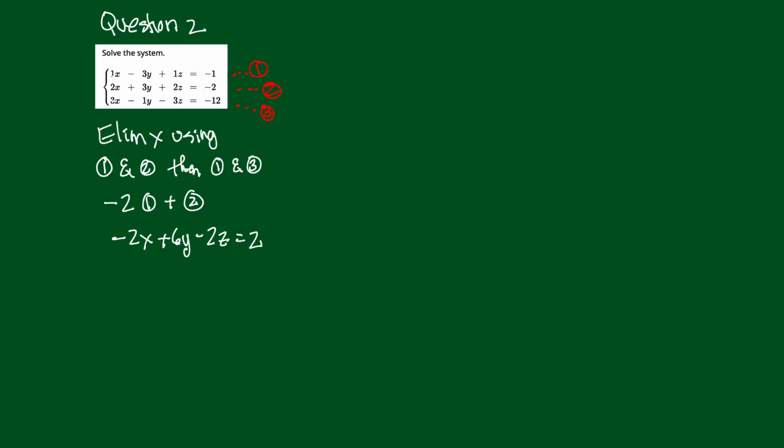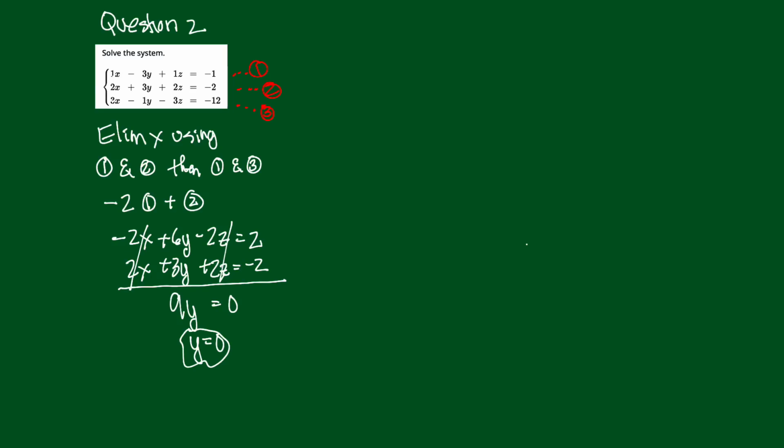Now equation 2 we're not changing. That's just 2x plus 3y plus 2z. That is equal to negative 2. Oh, look at this. The x's go out. I get a 9y, but the z's go out also. 9y equals 0, so y is 0.